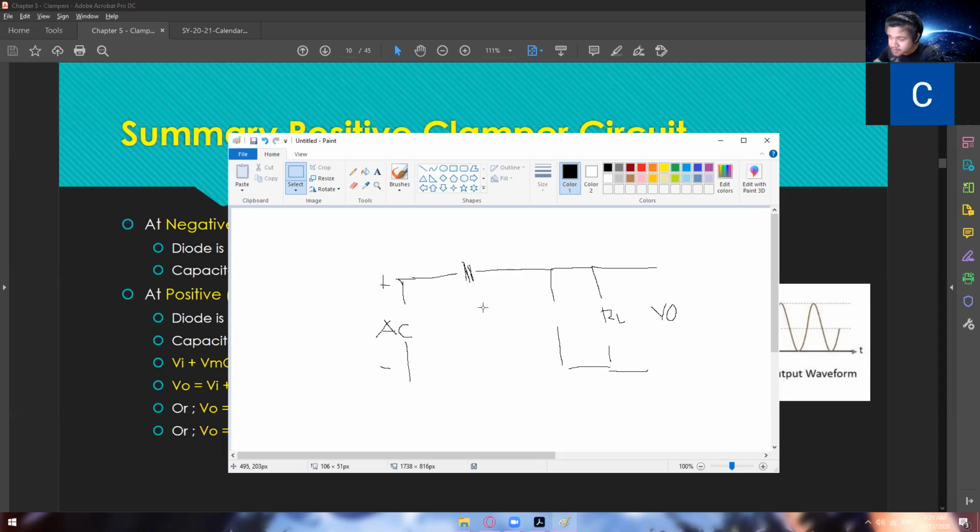Anyway, for you to be able to know the polarity of the capacitor, can you guys see my screen now? Yes, sir. All right. So let's say we have here a positive half cycle, so positive here and negative here. As I said a while ago, we have this kind of polarity of the diode.